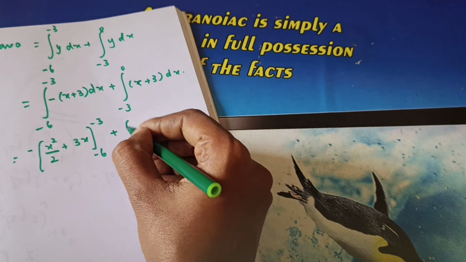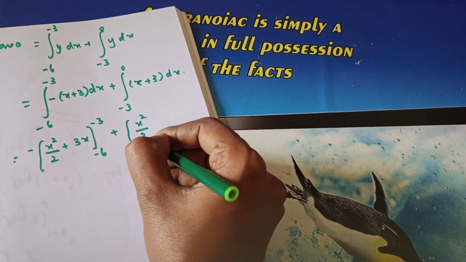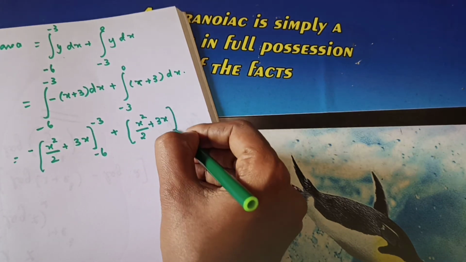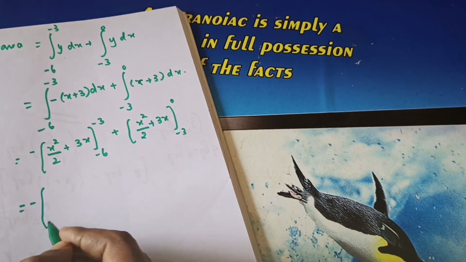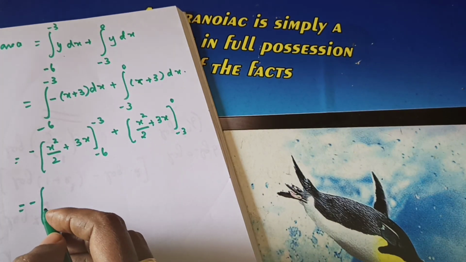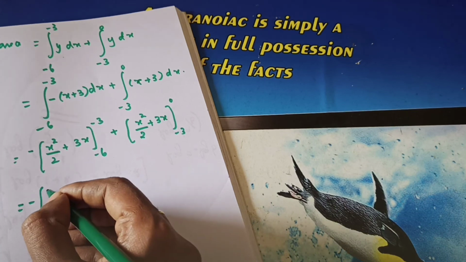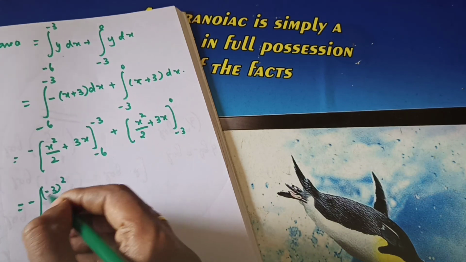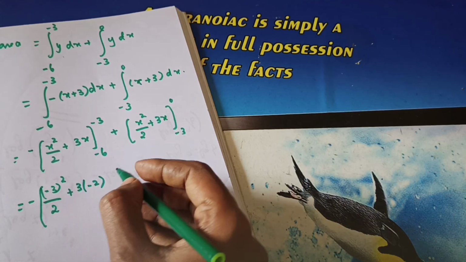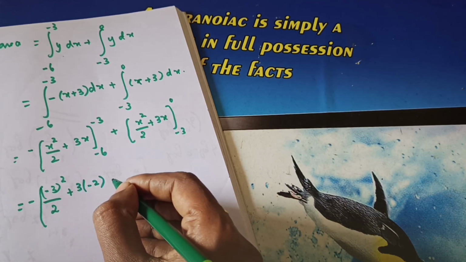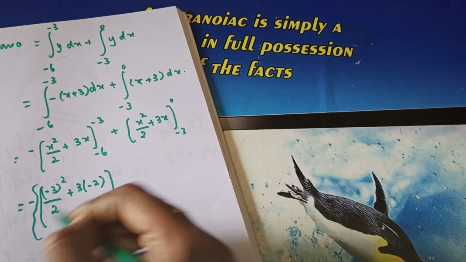Same as that, here if you integrate, x square by 2 plus 3x, minus 3 to 0. Now minus you can keep it outside. Upper limit minus lower limit. Shall we apply? So what's the value? Minus 3 the whole square by 2 plus 3 into minus 3. This minus you can keep it outside.